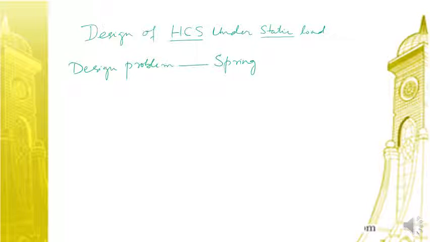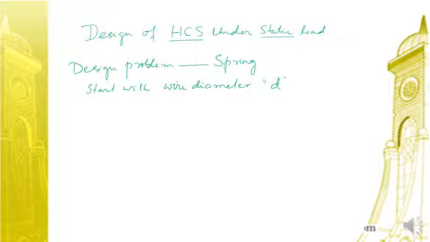We need to start with wire diameter, which is D. This is the diameter of the wire that the manufacturer will use to manufacture the spring.